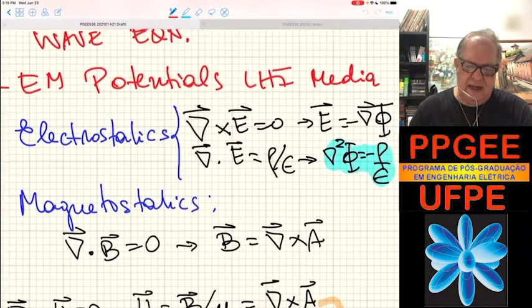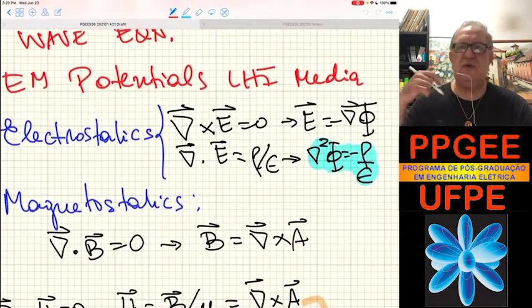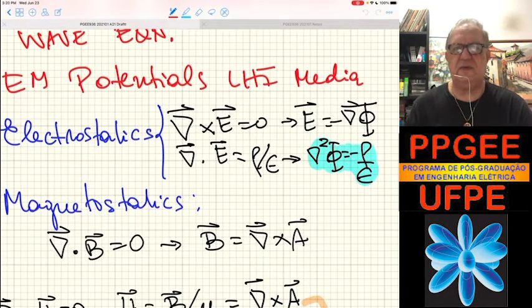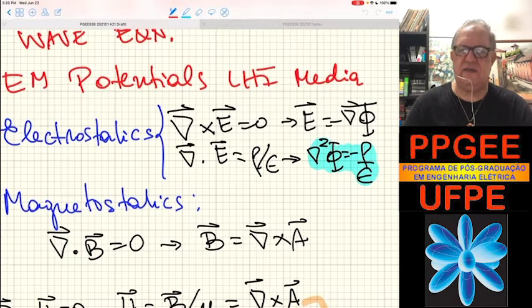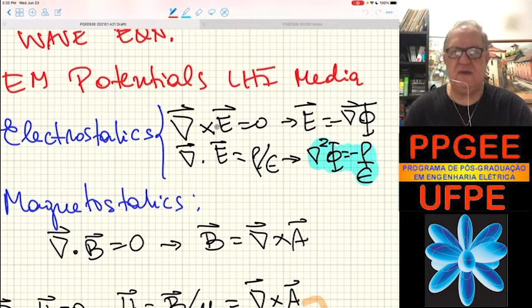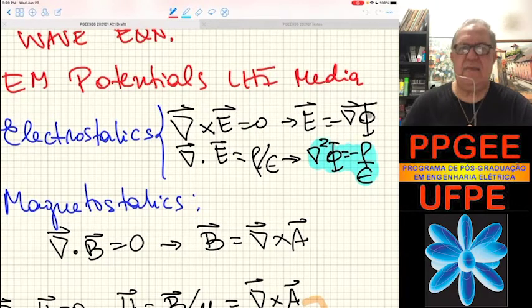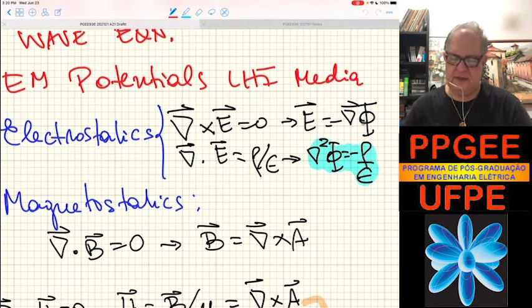Just recall that in electrostatics, we use potential functions as intermediate functions to solve for the final quantity, which is the field. For instance, when the curl of E equals 0, you have a longitudinal field, which can be derived from the gradient of a scalar function, the electrostatic potential.